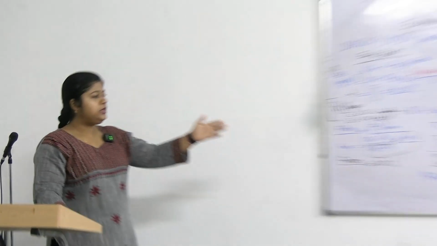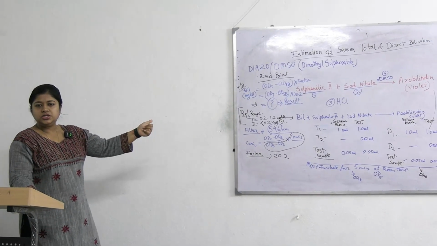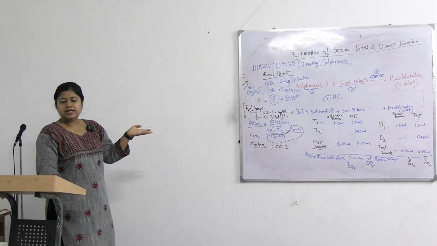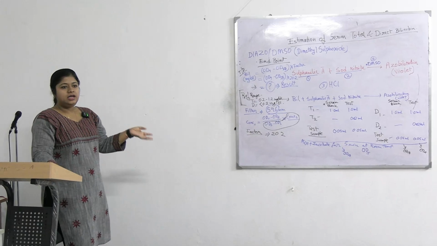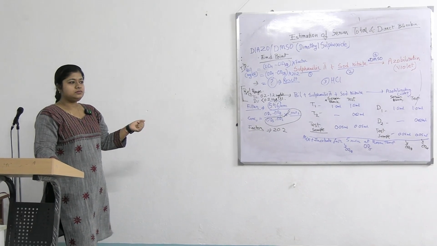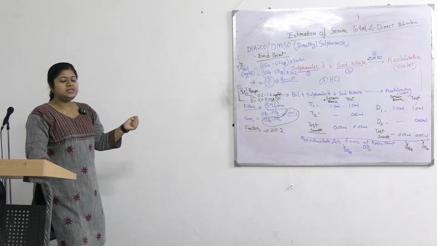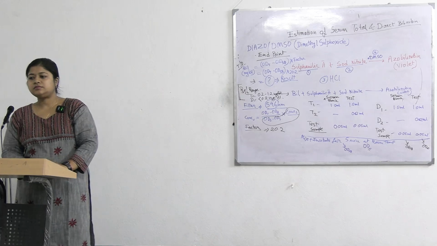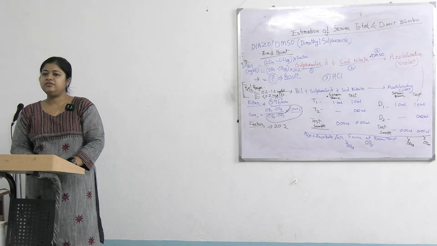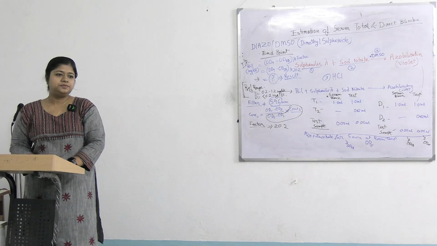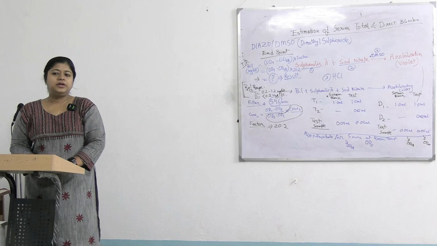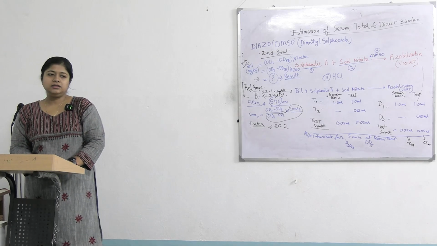Dimethyl sulfoxide. Next comes the procedure. There is T1, T2 and D1, D2. What is the composition of the reagents? Sulfanilic acid, sodium nitrite, HCl and DMSO. Next, what is the filter used? 546. And why is a factor provided? Because the standard is not provided in the kit.